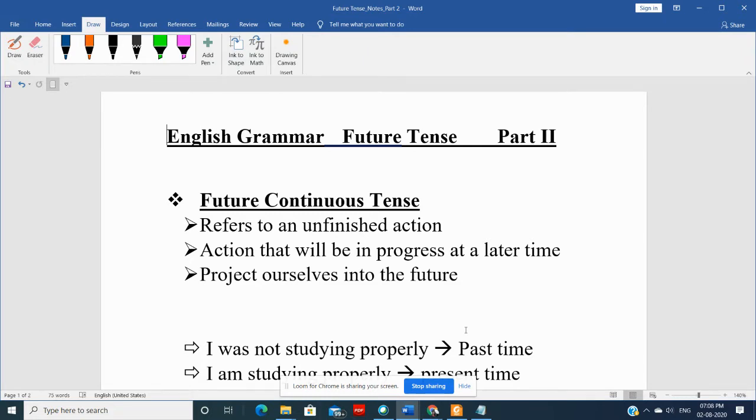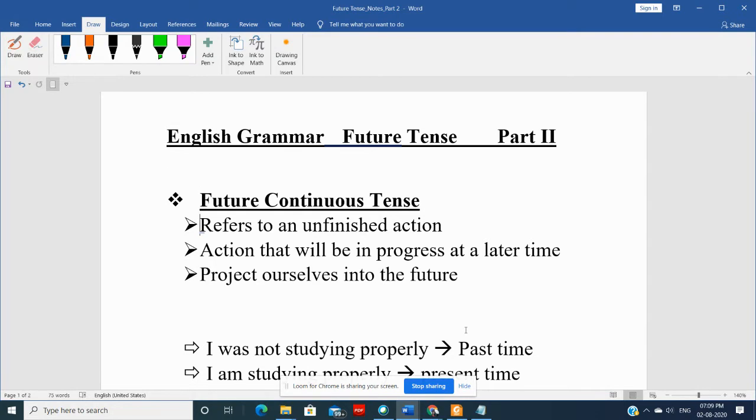But sometimes we imagine ourselves doing something in future, right? We are so sure about it that at that time I'll be doing that and the action will be continued at that time. So at that time we use future continuous tense. All right?